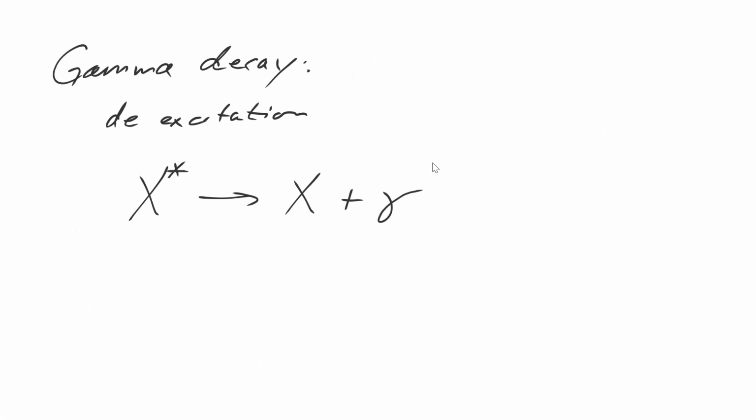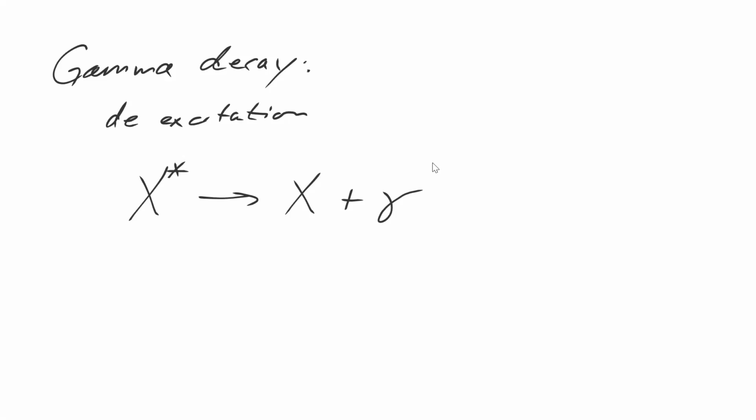And then gamma decay is just the de-excitation from some excited state to a less excited state, right? So just the nucleons inside that bag reshuffling and emitting a photon. All right. So those are the main processes emitting radiation.